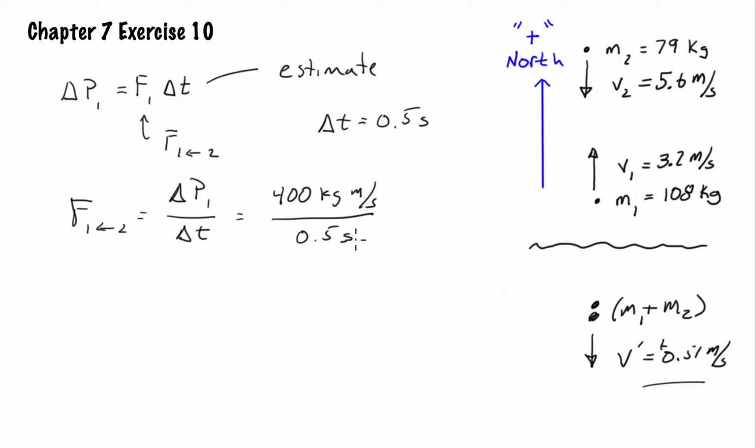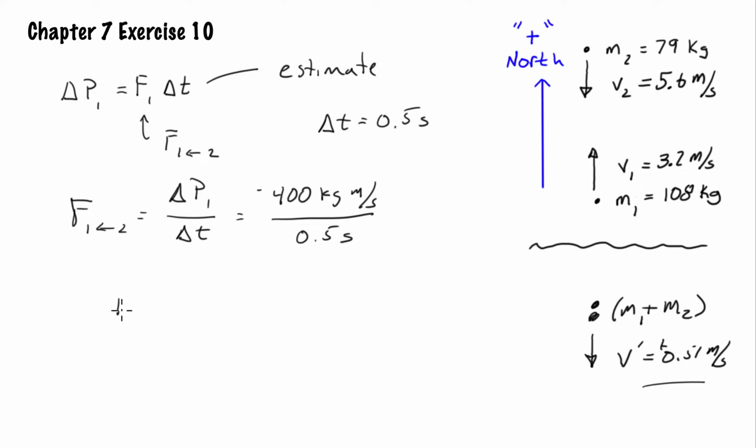To be fair, the change in momentum of player 1 we found to be negative because it's directed to the south. Player 1 was initially moving north, but finally moving south, so player 1's momentum got changed to the south, minus.